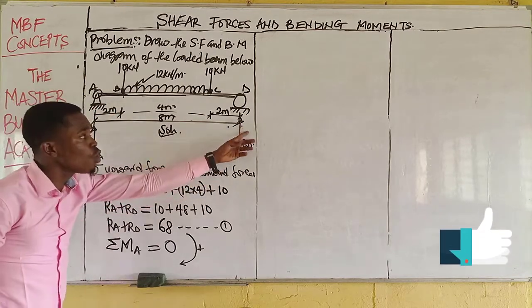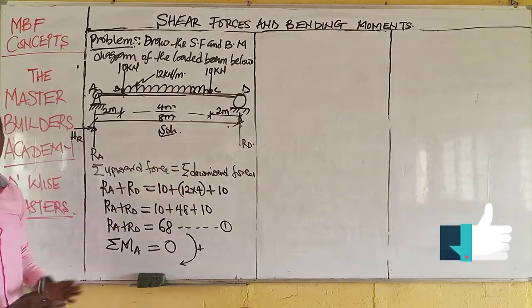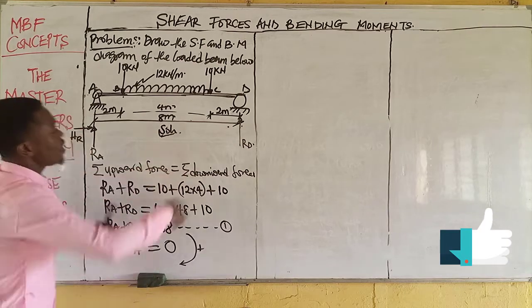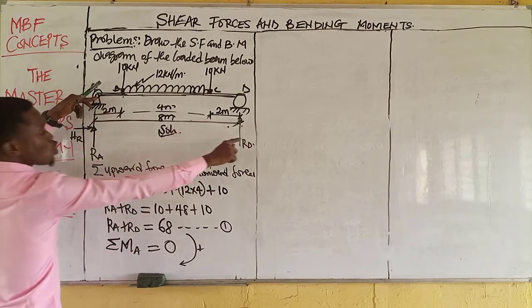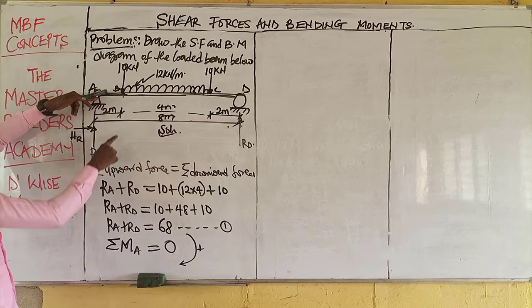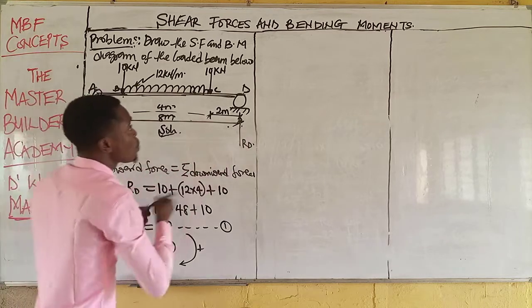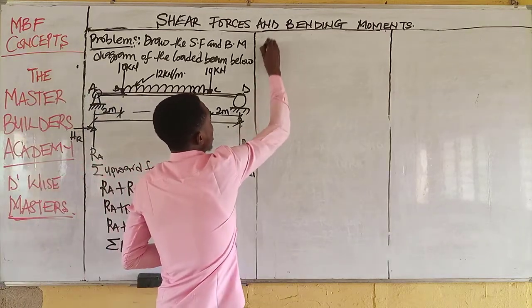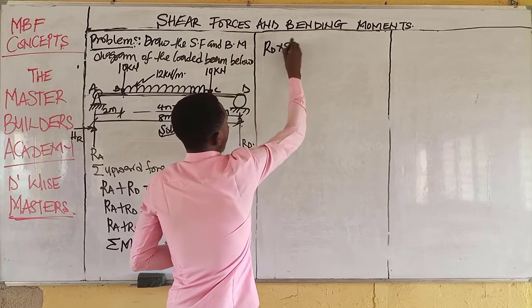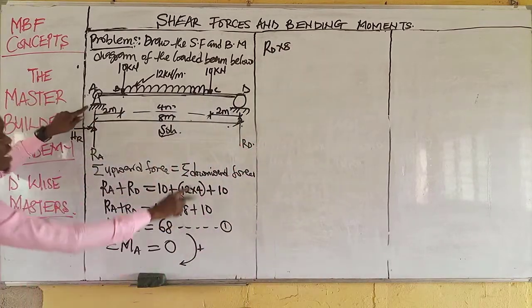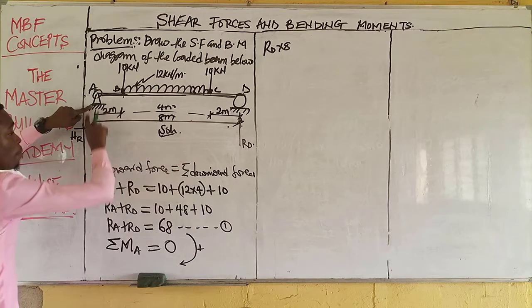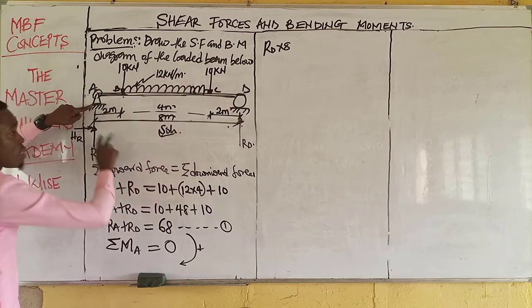While the reaction will now constitute anti-clockwise moment. Therefore, I will have, what is the distance of RD from A? It's a distance of what? 8 meters. So I will have RD multiplied by 8, and this is the only anti-clockwise reaction moment that we have. Only anti-clockwise moment that we have.